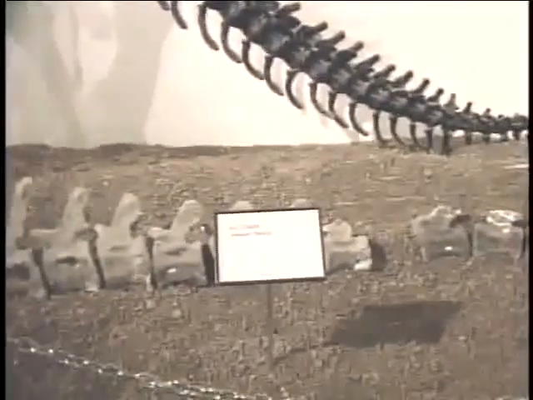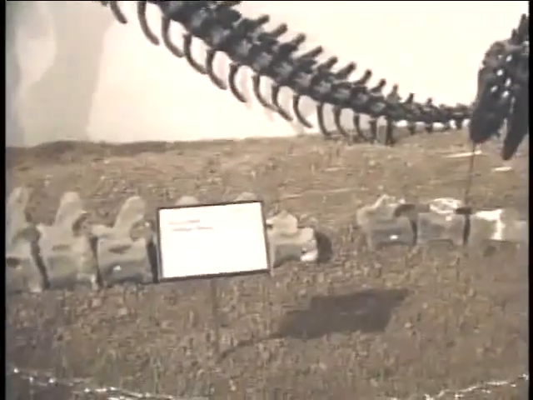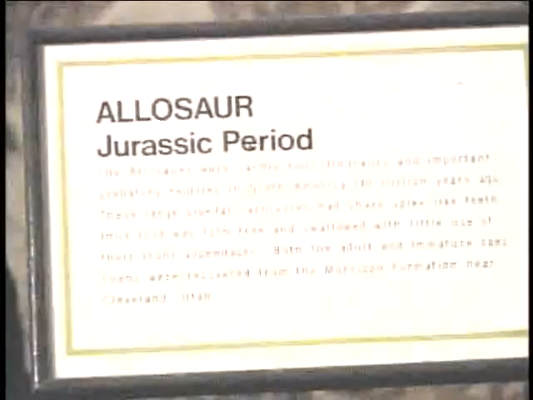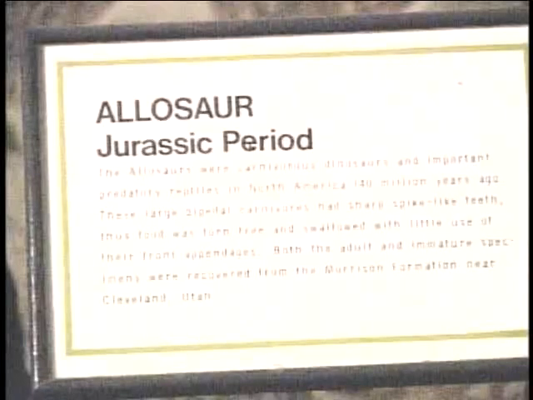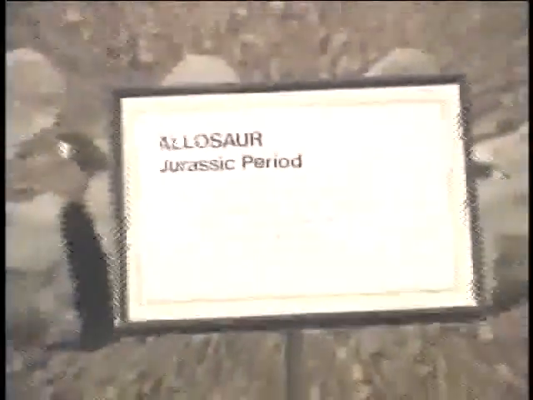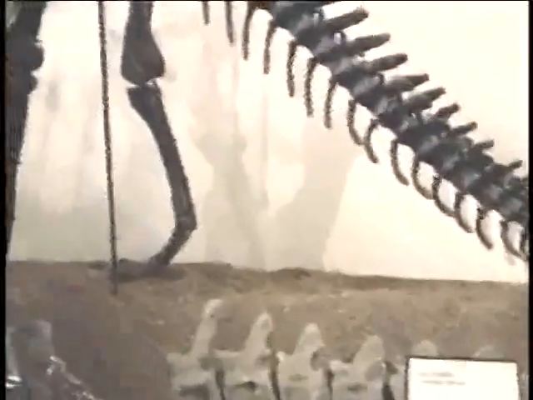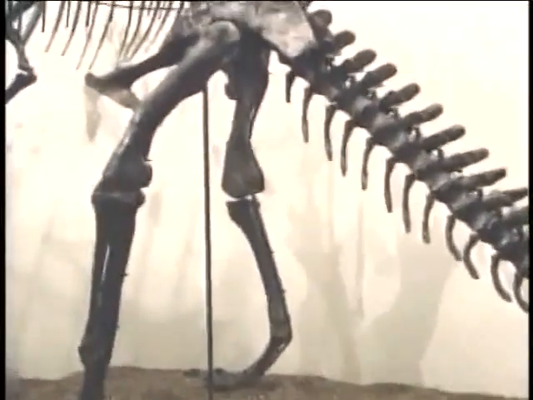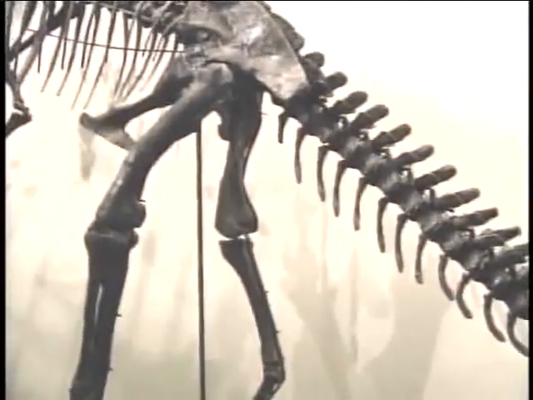But here at the University of Arizona, you have plates and panels that are very much explanatory, such as this, as to what you are looking at, such as the Allosaur here, and the time period in which it roamed here in North America.